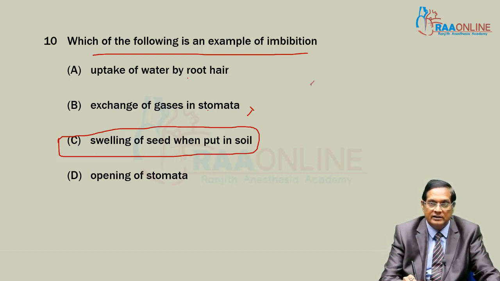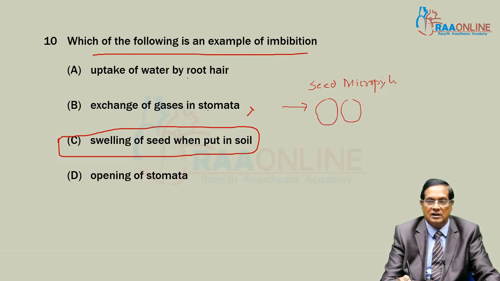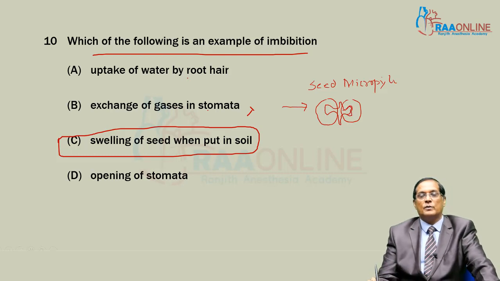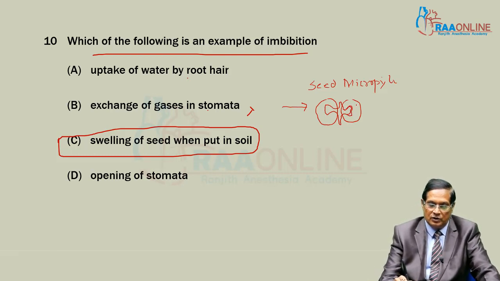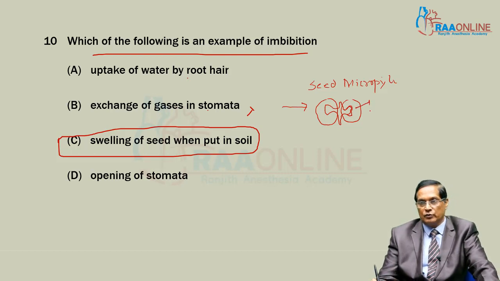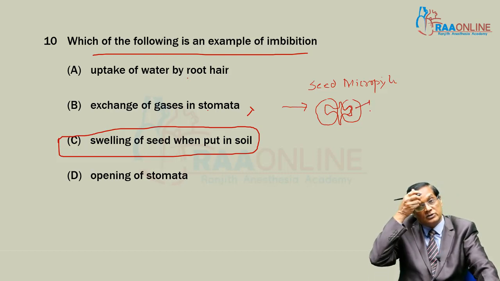Actually in seed, micropyle is present. That is, a small opening is there. And through micropyle water enters. And why water enters? Because cotyledons have a very good property of imbibition, because either they are made up of protein or they are starch rich.